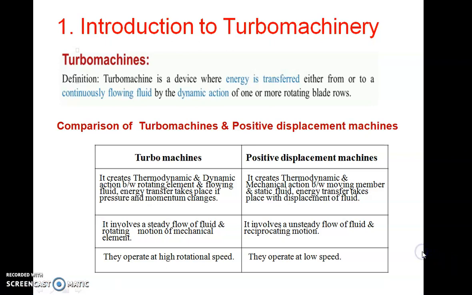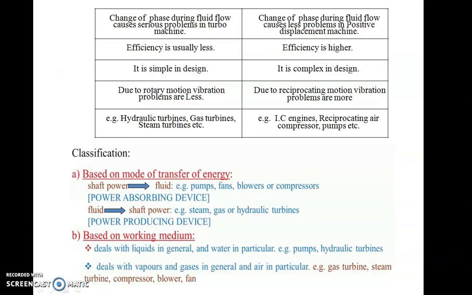Next difference: turbo machines handle fluid in both the liquid phase as well as the gaseous phase. Similarly, reciprocating machines, that is positive displacement machines, also handle both liquids and gases.